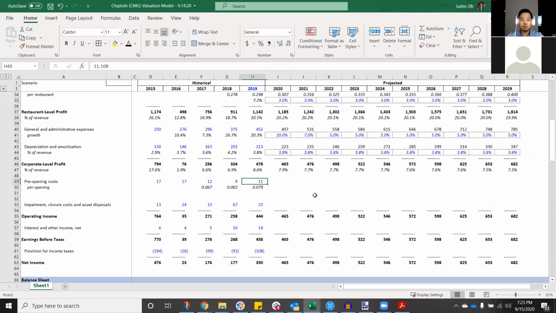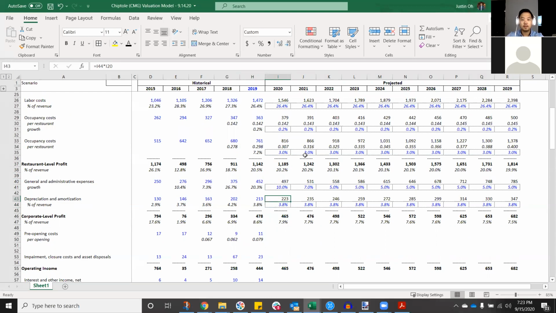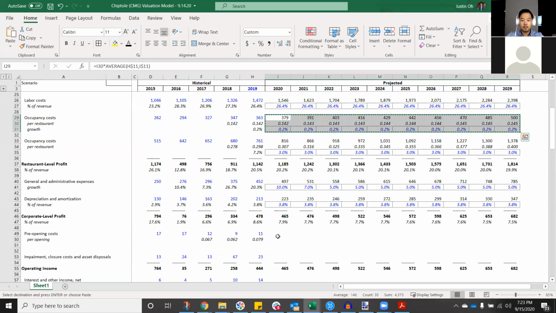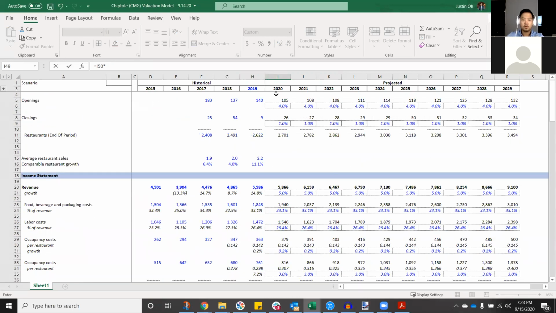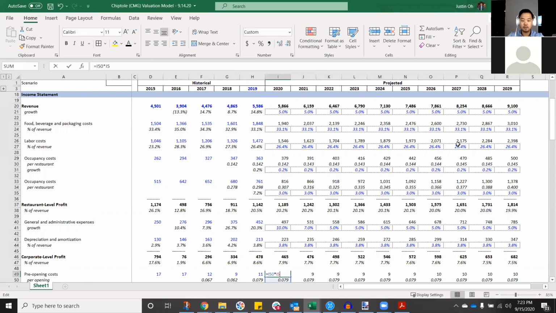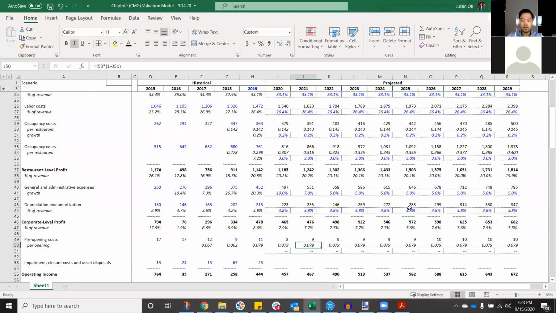So let's assume that's a growth rate. It's the same concept as up here, right? So I'm just going to go like that. Equals that times openings. If we're assuming there's openings, there's going to be opening costs associated with them.